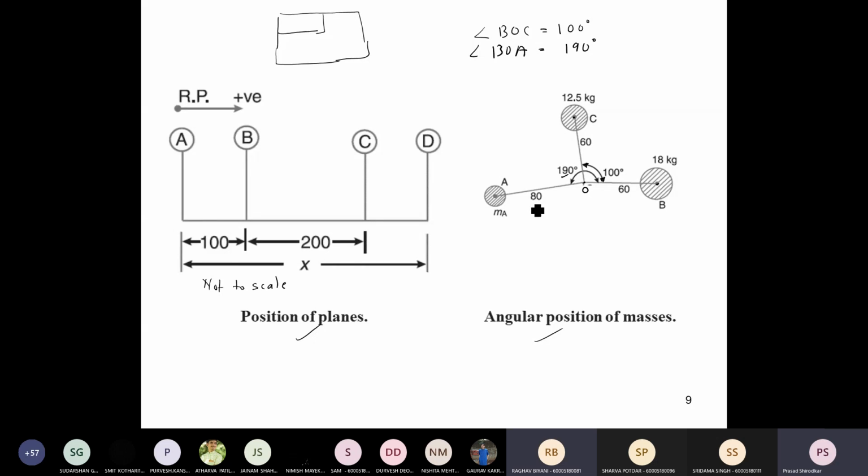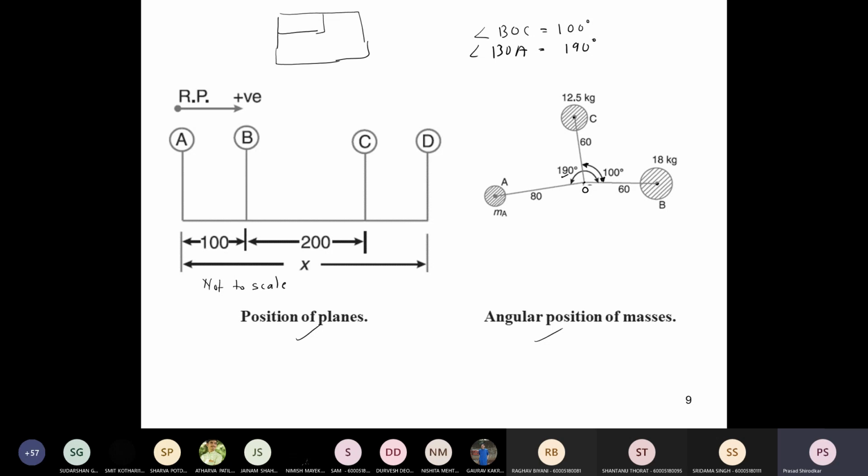In the angular position diagram, do we have to take it up to scale? No, this is not required to scale, but draw it logically. For example, it is given that radius of B and radius of C is equal, that is 60 mm, so 0.06 meters.